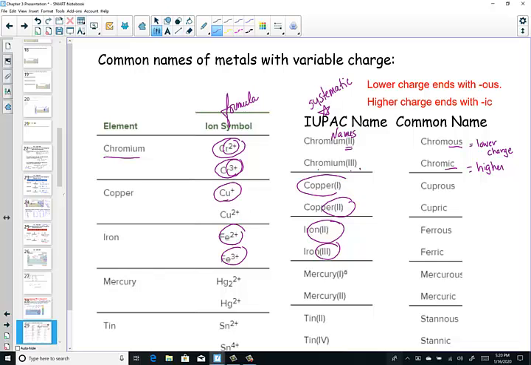Here's a copper +1, cuprous, the lower charge, +1. Here is +2, so we name it with ic. That's called cupric, +2. Ferrous, ferric. Mercurous, mercuric. Stannous, stannic. So I just wanted to share that there is kind of an order to these common names. The ous ending is a lower charge than the ic ending, but we will be using the IUPAC system for naming using the Roman numerals as part of the transition metal names.